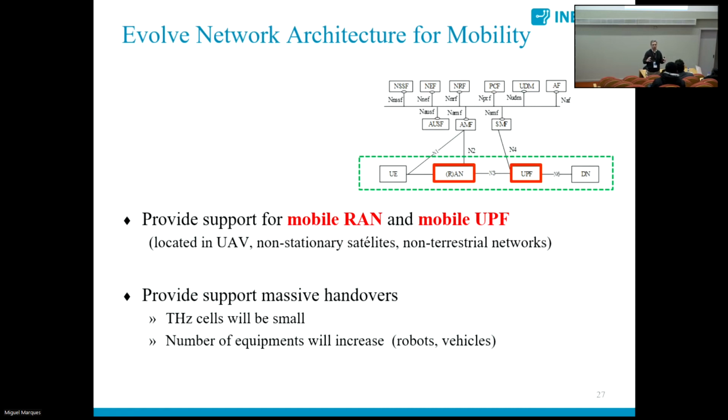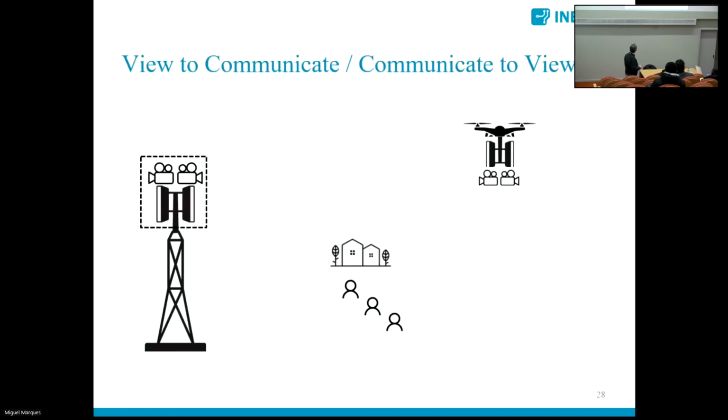And because we are going to have more and more devices communicating, if they move, or if the network is moving, they will have to change very often and in large numbers. And so we don't know yet how to do that. So how to support massive handovers is a challenge.